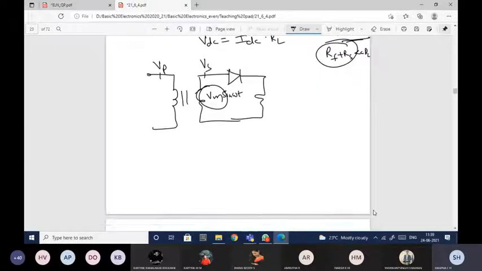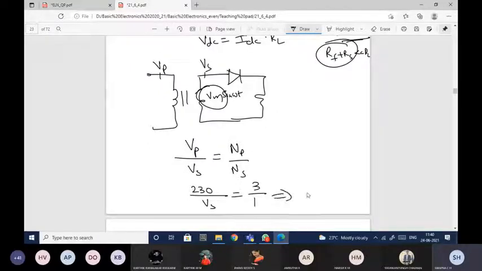You have the relationship Vp by Vs is equal to Np by Ns. He has given Vp as 230 volts, and Np by Ns is 3 by 1. So Vs is nothing but 230 by 3.